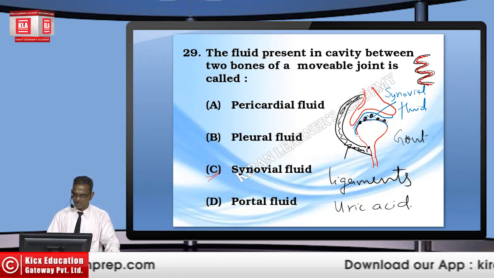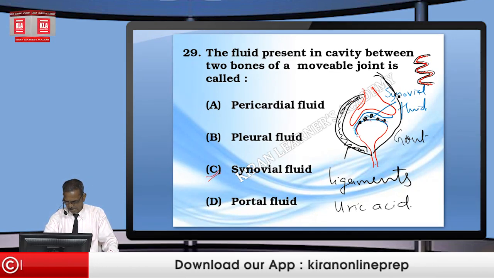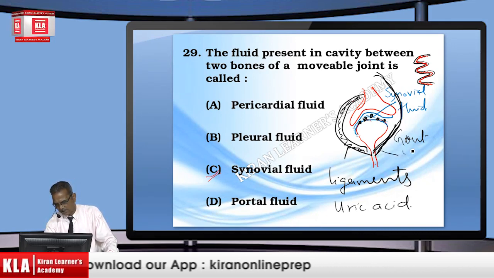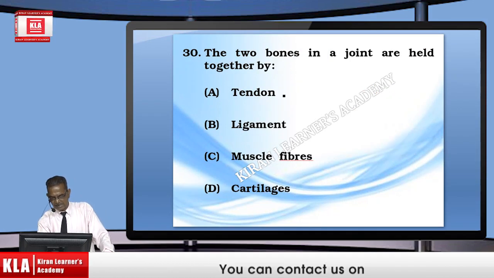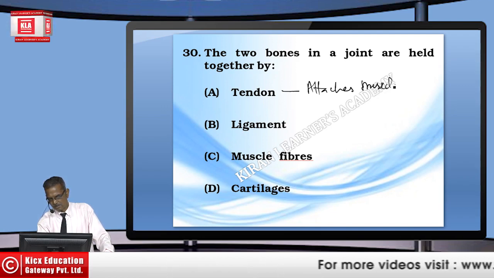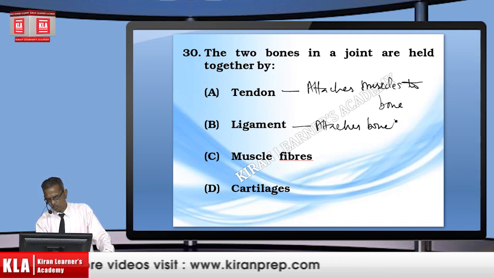Now, in case a muscle comes from the top and attaches to the bone below the joint, then this is what we call tendon. That is, the tendon attaches muscle to bone, whereas ligament attaches bone to bone.